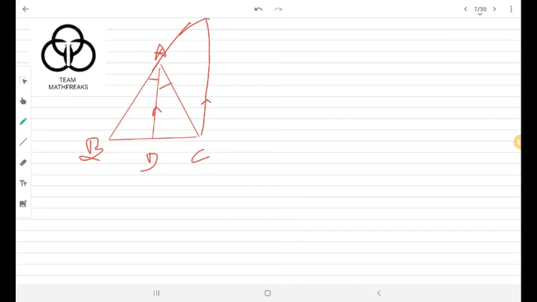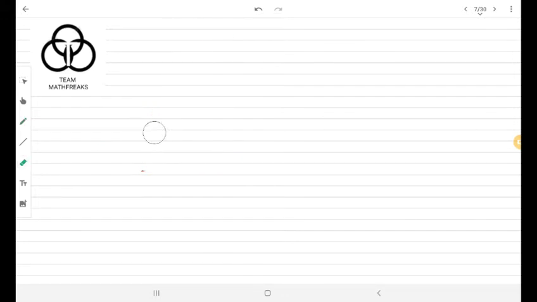Okay, they are meeting at a point. Let me just read out the diagram. We have a triangle like this. This is our angle bisector. I have extended this and I am creating a line which is parallel to this one.